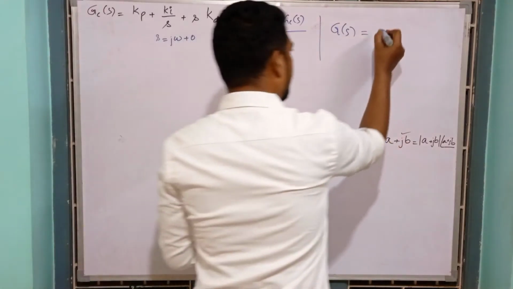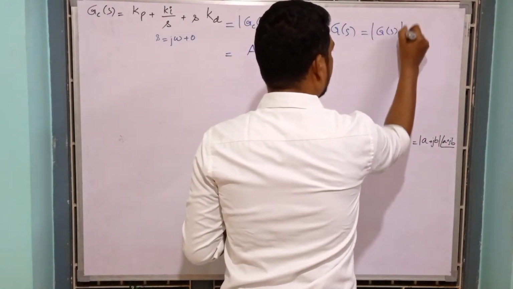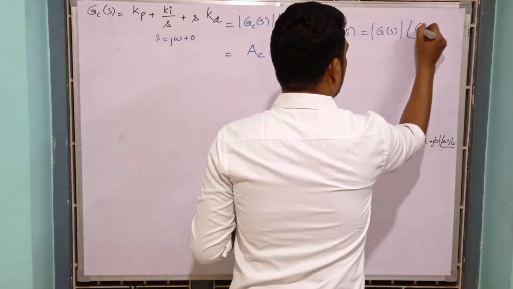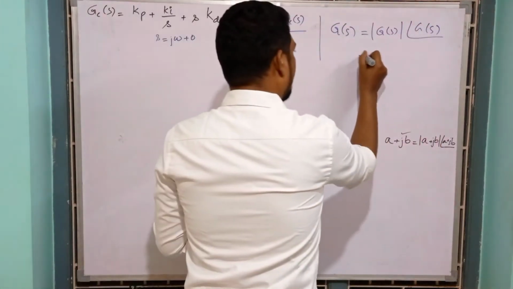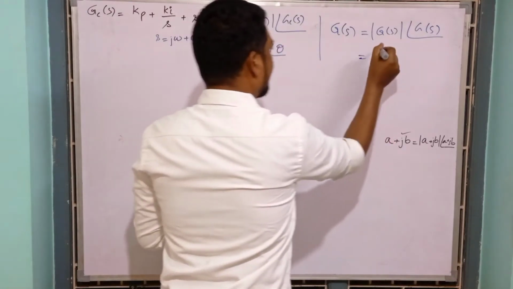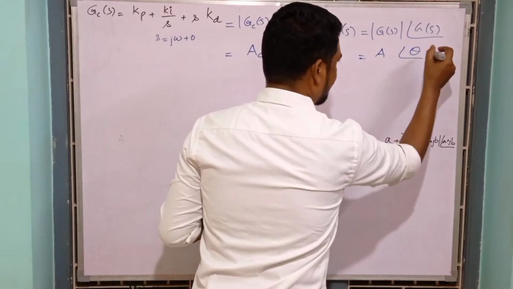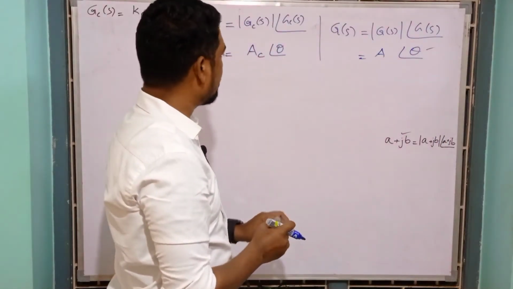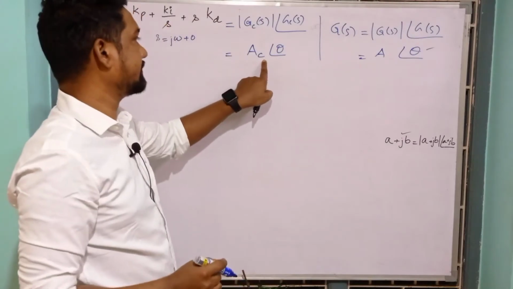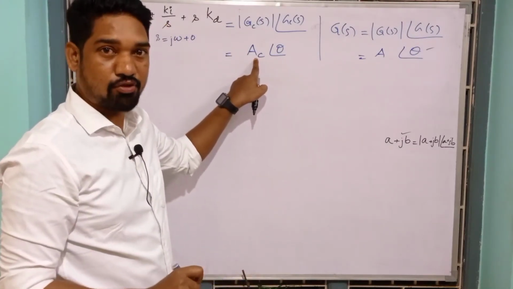So here, even this open loop transfer function G of s has a magnitude of G of s and a phase angle of G of s. Guys, magnitude is A, and phase angle is theta again. This isn't of significance here, it's a theta. But here we had a suffix c saying it's the magnitude of the transfer function providing the compensation, isn't it?